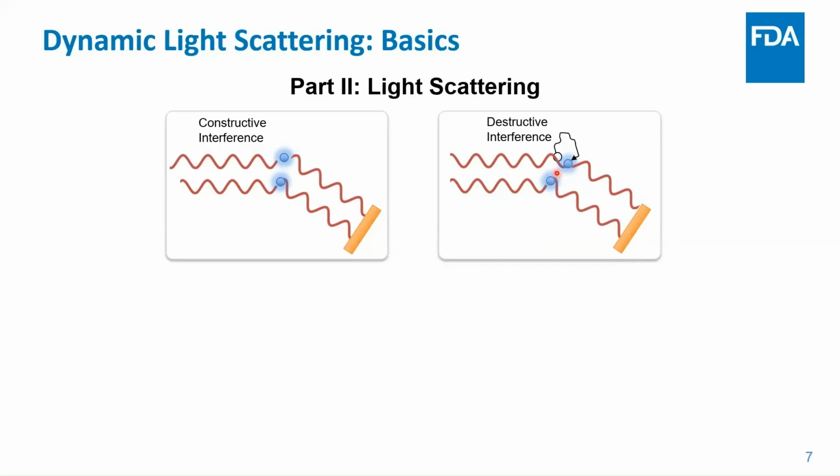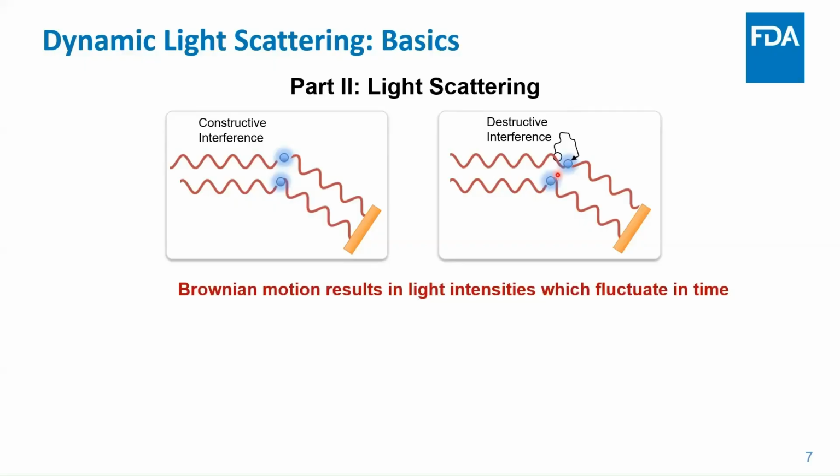When two things move out of phase, you get destructive interference where the waves cancel. And so what you're really measuring in dynamic light scattering is the random Brownian motion of particles inside that scattering volume causing constructive and destructive interference over time, based on their locations and where they move through the path length.